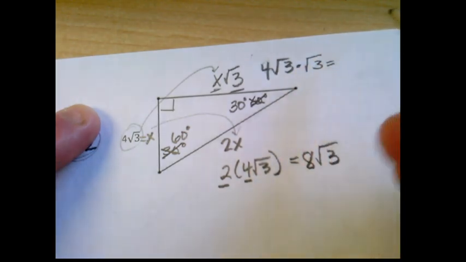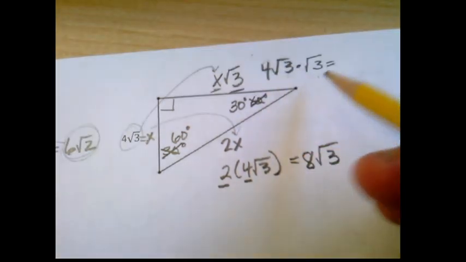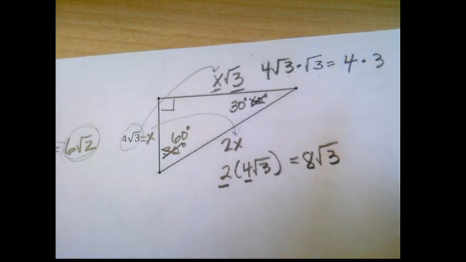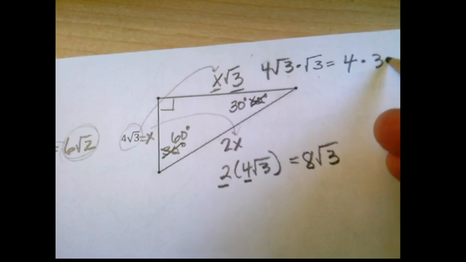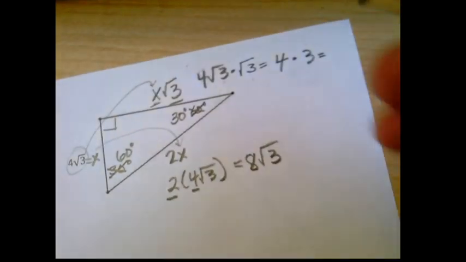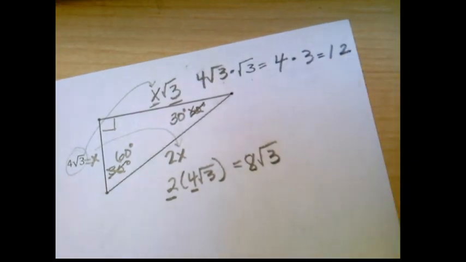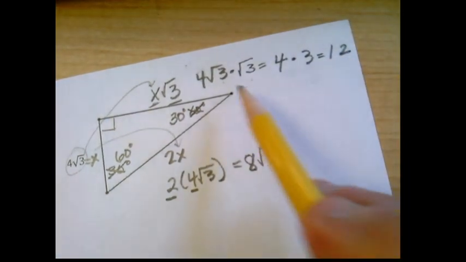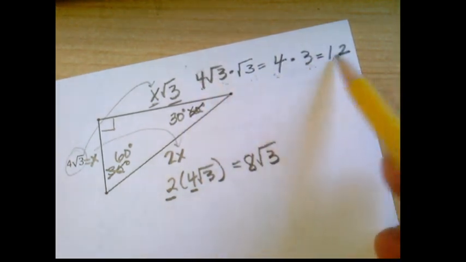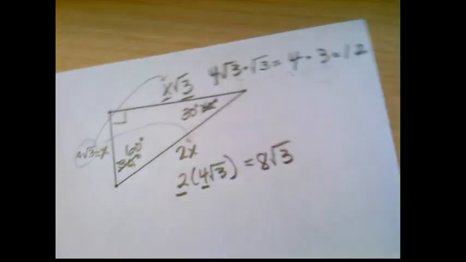In essence, this is radical 3 times radical 3, which is what? Well, it's just 3. So therefore, the length of that side right there is going to be 12. You have the 2 radical 3's that become just 3, and then 4 comes along. 4 times 3 is 12.